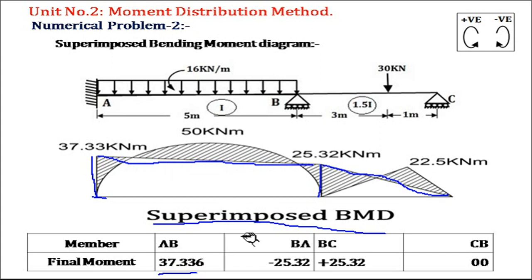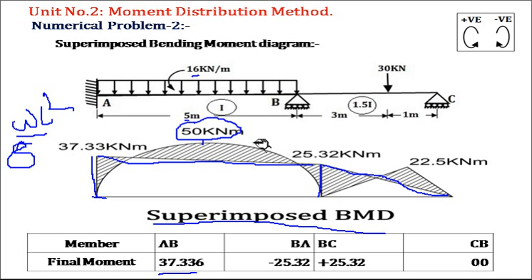Now we have to find the free bending moment diagram, which is due to the given load. In portion AB, it is loaded by a uniformly distributed load of 16 kilonewton per meter. So the formula is WL square upon 8. The value of W is 16 and the length is 5. By putting the values in this formula, we get the free bending moment as 50 kilonewton meter.